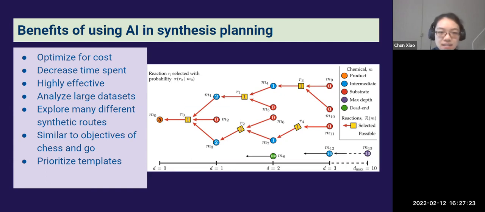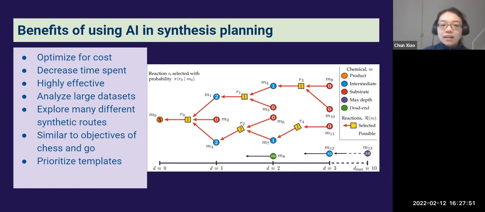Secondly, you can decrease the time spent on thinking about drug pathways, because if you've ever taken organic chemistry, you know how difficult it is to think about the pathways that you can synthesize a molecule from. And third, it's highly effective, and artificial intelligence has already thought of many different pathways that you can synthesize drugs from, and these pathways have been proven to be good and effective.